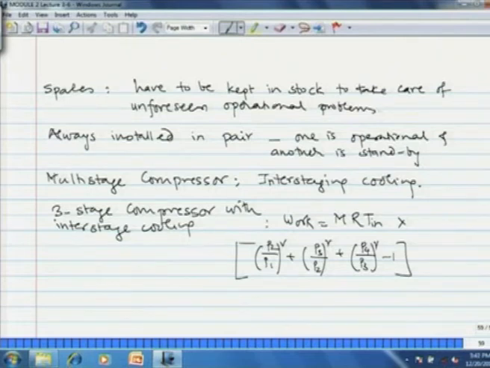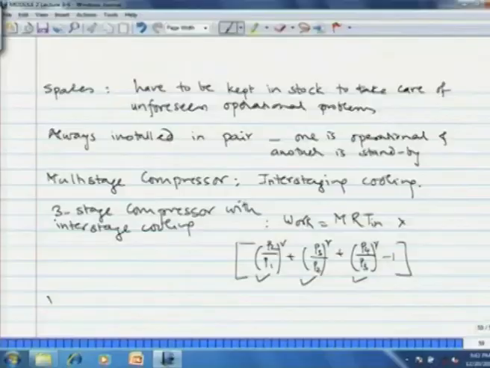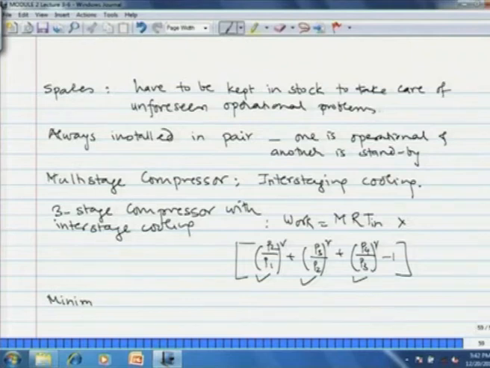So, this is the work that is required for the compressor. Now, what should be the intermediate compression ratios? That is a design variable. You can very easily show, and I am leaving this as an exercise for you, that the minimum work is obtained when the intermediate compression ratios are equal.